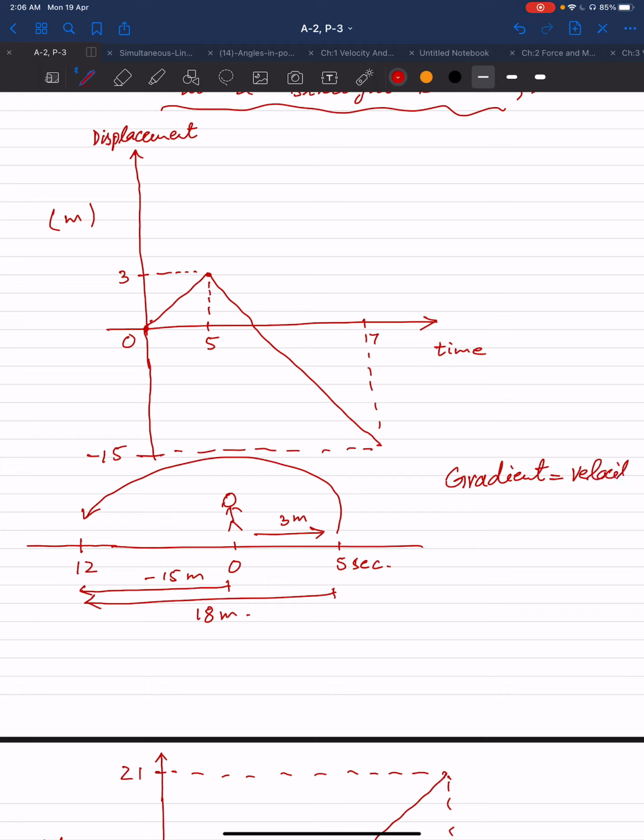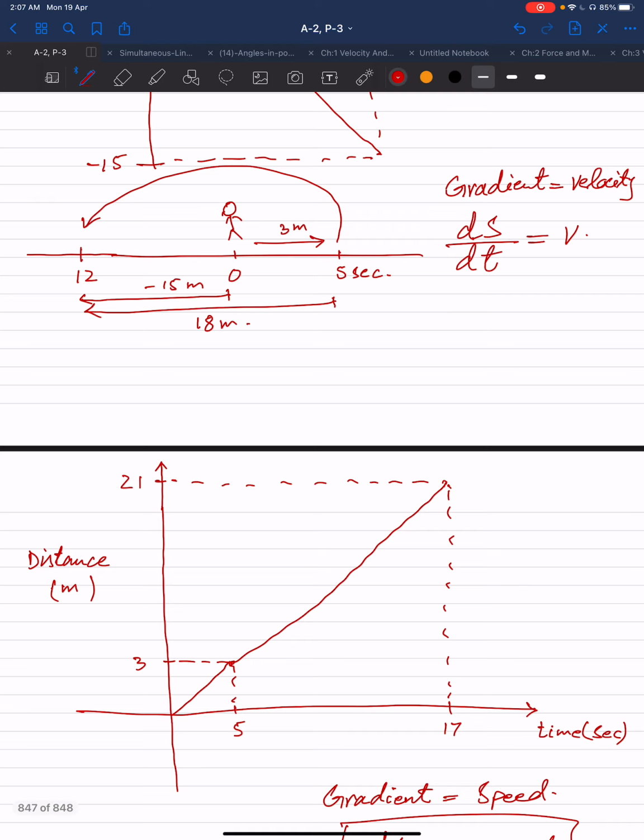In the displacement-time graph, the gradient will be equal to velocity. That means if you take the same variable, ds over dt is equal to v, velocity.